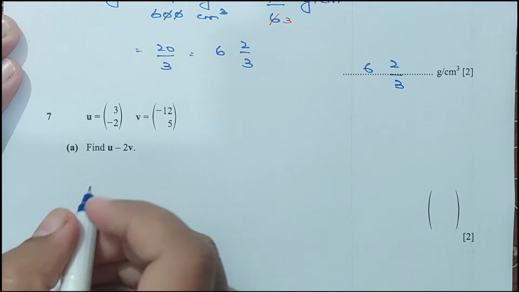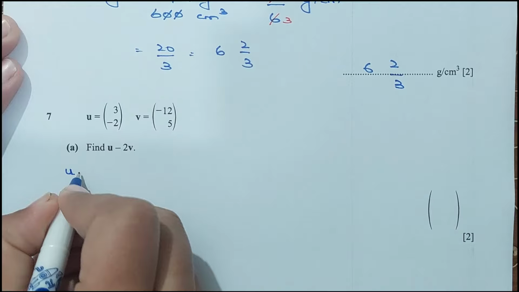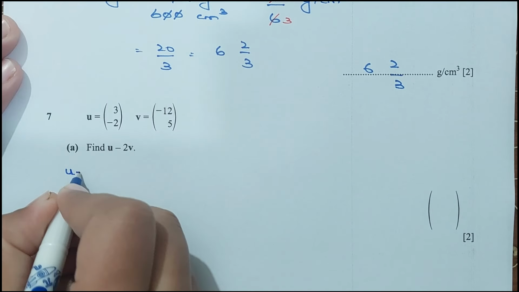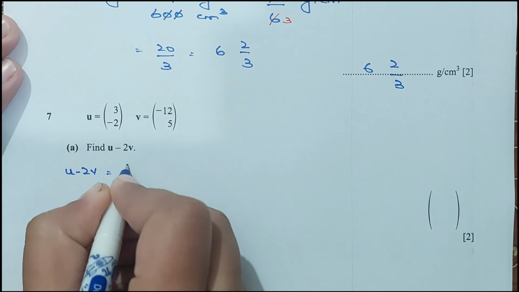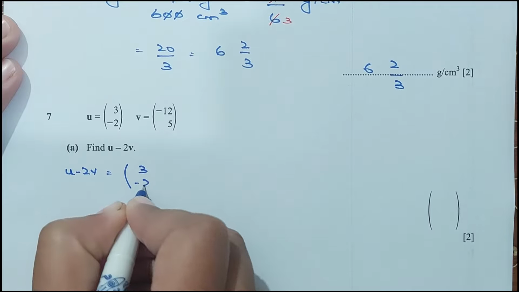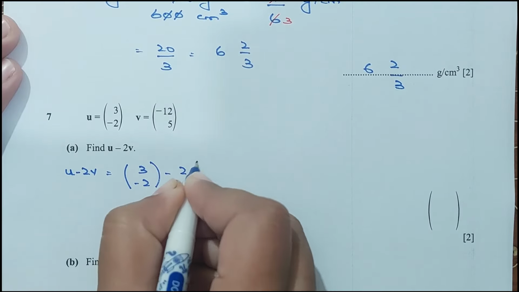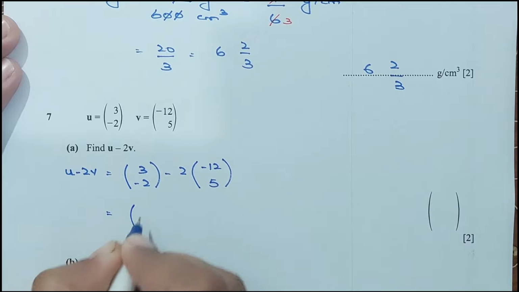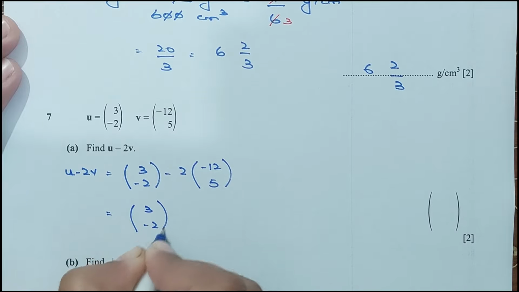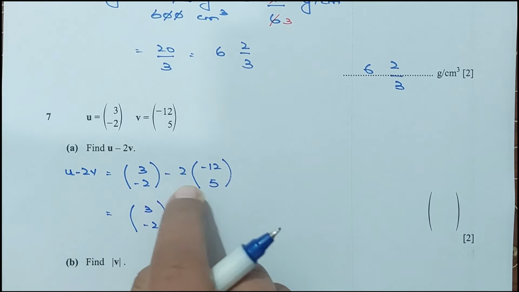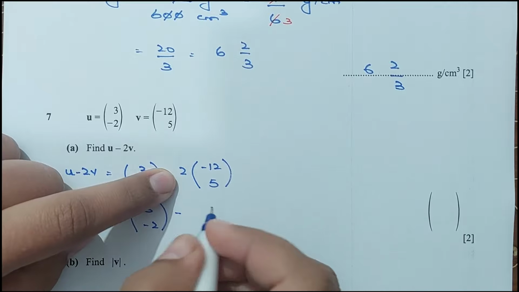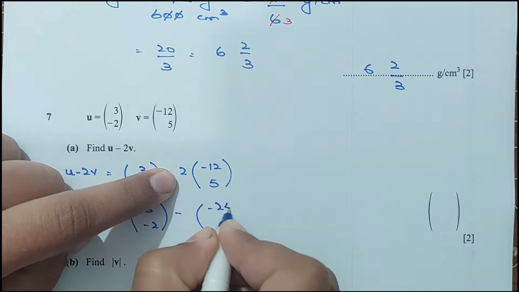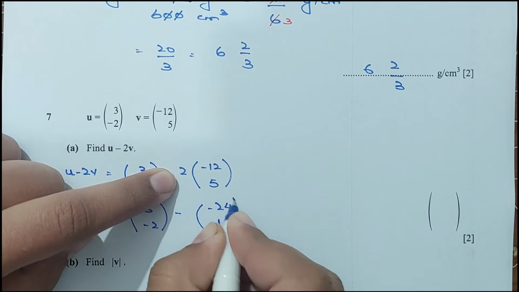Question number 7, we have u and v. Part A, find u minus 2v. U minus 2v, this is u is (3, -2) minus 2 times v, which is (-12, 5). Okay, so 3 and minus 2, and we have minus 2 times 12 is 24, negative 24, and 2 times 5 is 10.